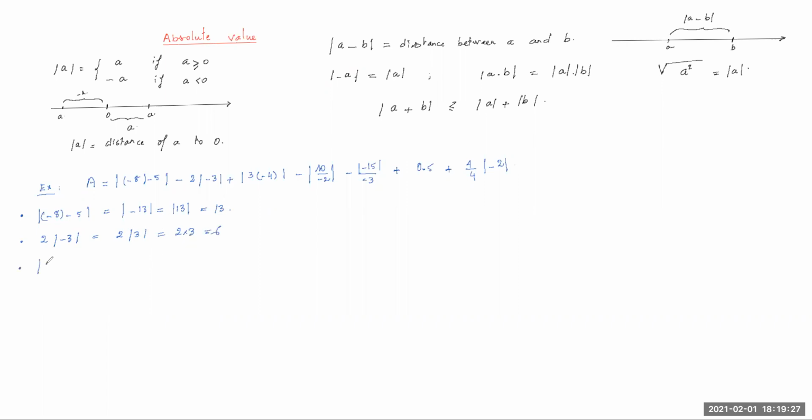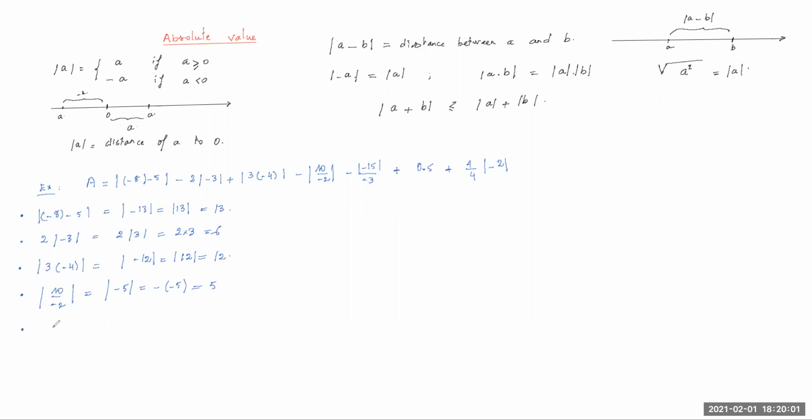Let's continue. The absolute value of 3 times minus 4: again I evaluate the quantity inside, so it's the absolute value of minus 12, which is 12. The absolute value of 10 over minus 2 is a fraction, so its absolute value is minus minus 5, using the definition that it's the opposite of the negative number, which gives 5.